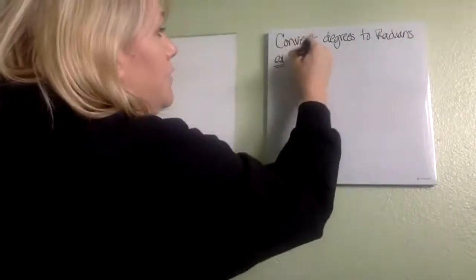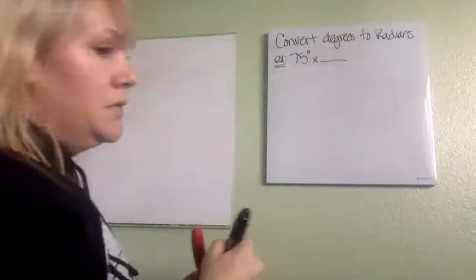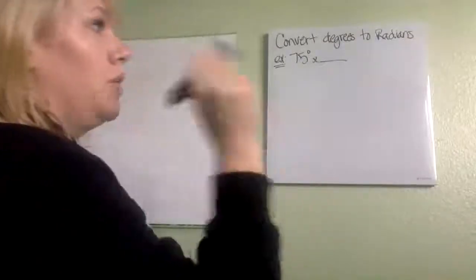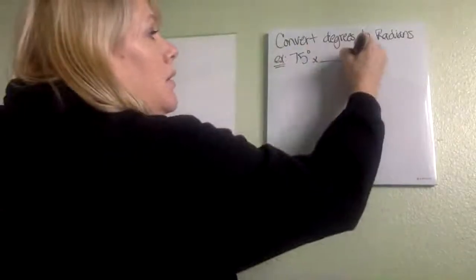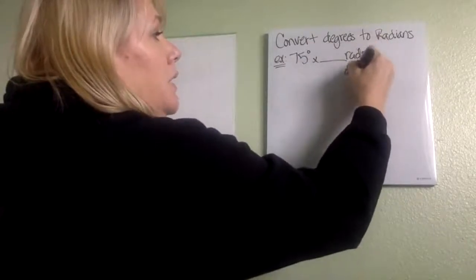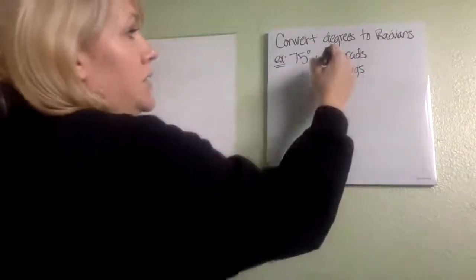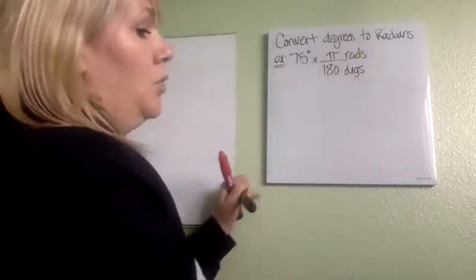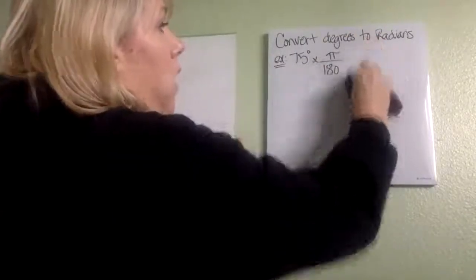So if we have 75 degrees and we're converting to radians, again, we want a conversion ratio with, in this case, radians on the top and degrees on the bottom. So we're going to use the same ratio, 180 and pi, and this time the pi would be on the top.